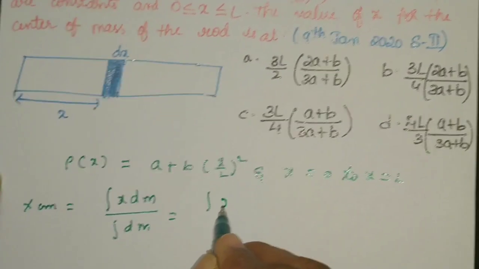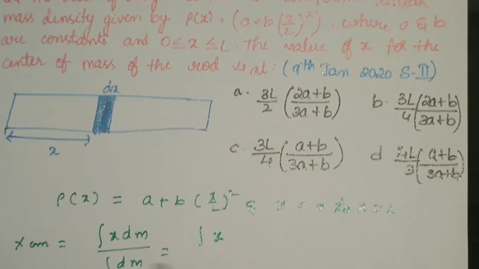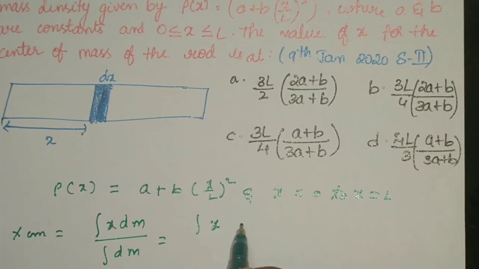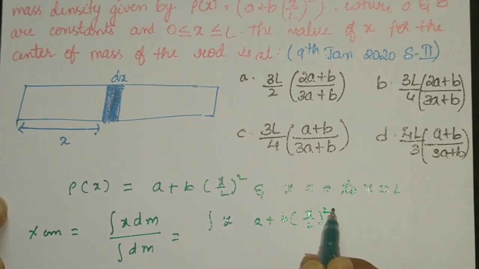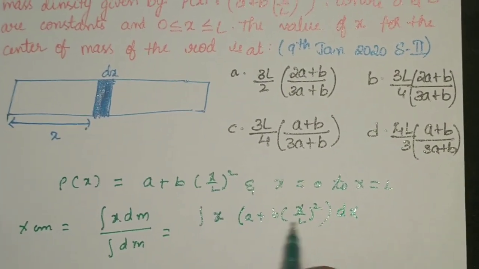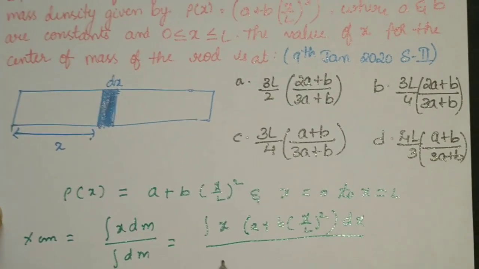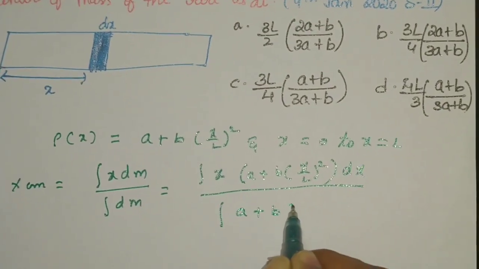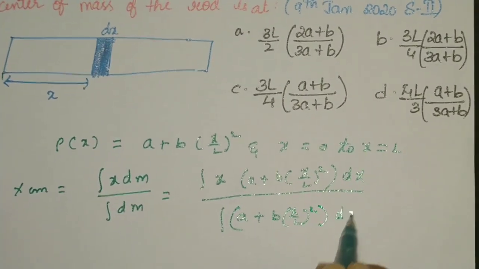So the numerator is integral of x, the x coordinate of this mass, times dm, which equals length times linear density. Linear density is a plus b times (x by L) whole squared, times length dx. This is divided by the integral of the mass of the small element, the same expression: a plus b times (x by L) whole squared dx.